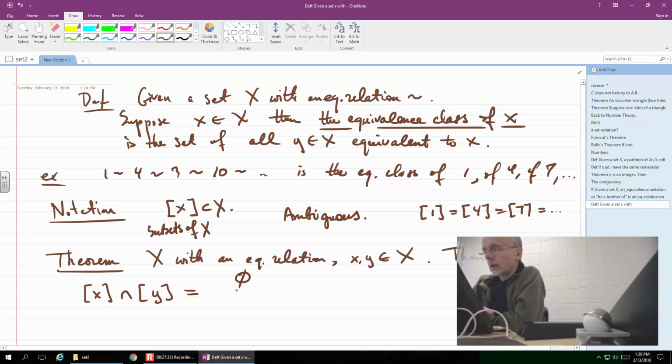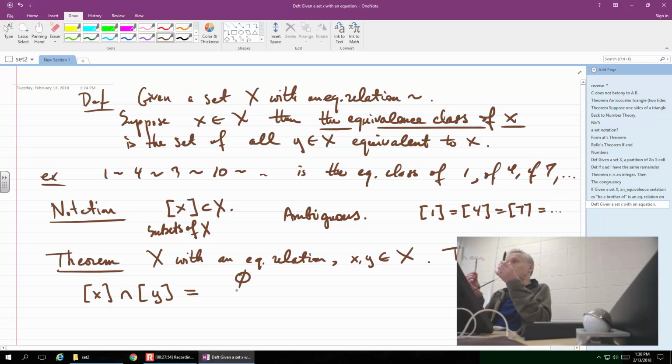Such as, well, there are two lines and they are not parallel. Their equivalence classes do not overlap, right? So that's the first possibility. What's the second possibility? They are equal.